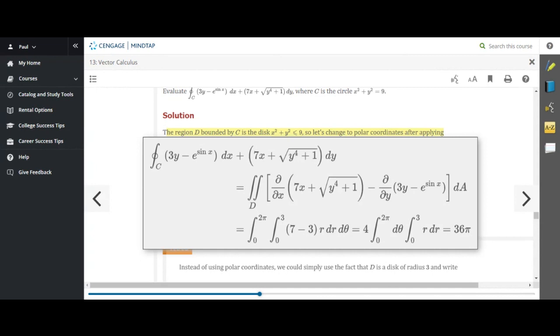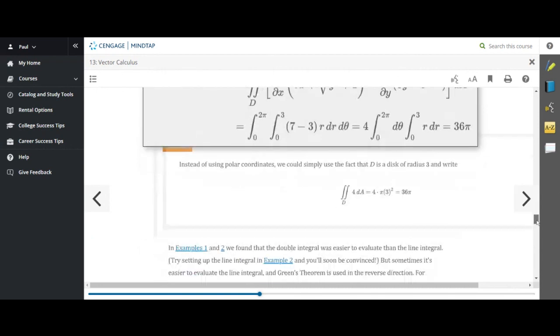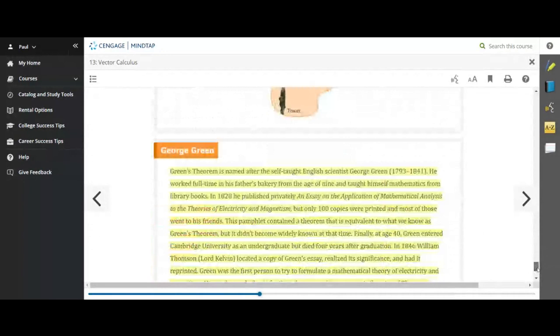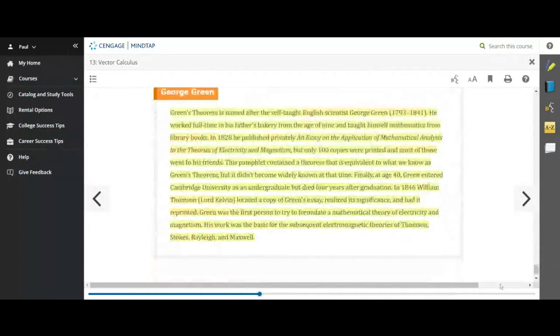Okay, let me show you something else here in the ebook. Here's that information on Green that I read.